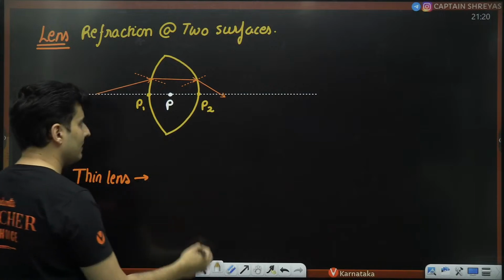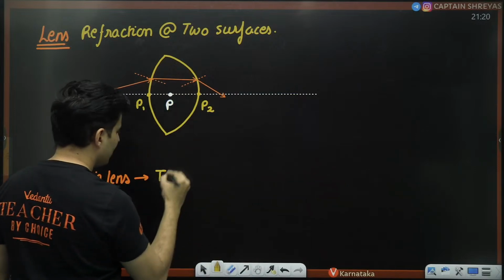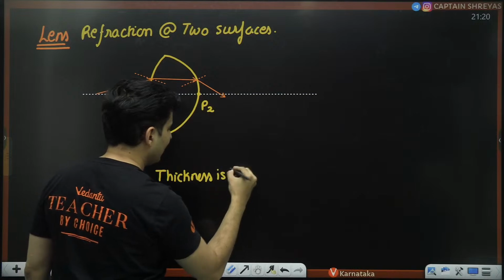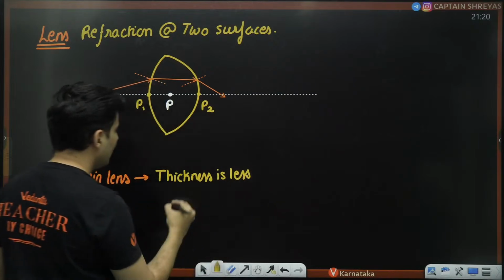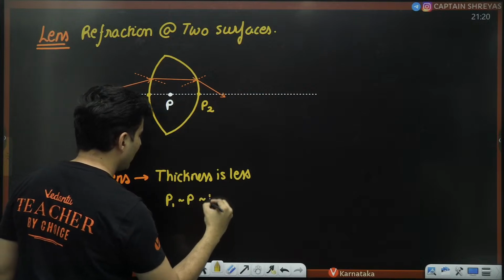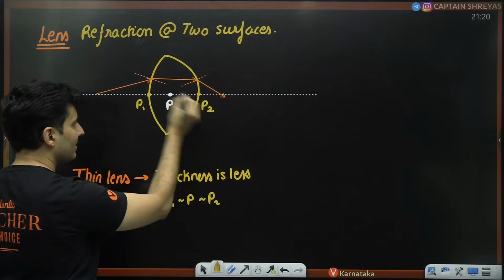For a thin lens, the thickness is so less. Because of that, P1 approximately equals P2. All these 3 points are the same thing.